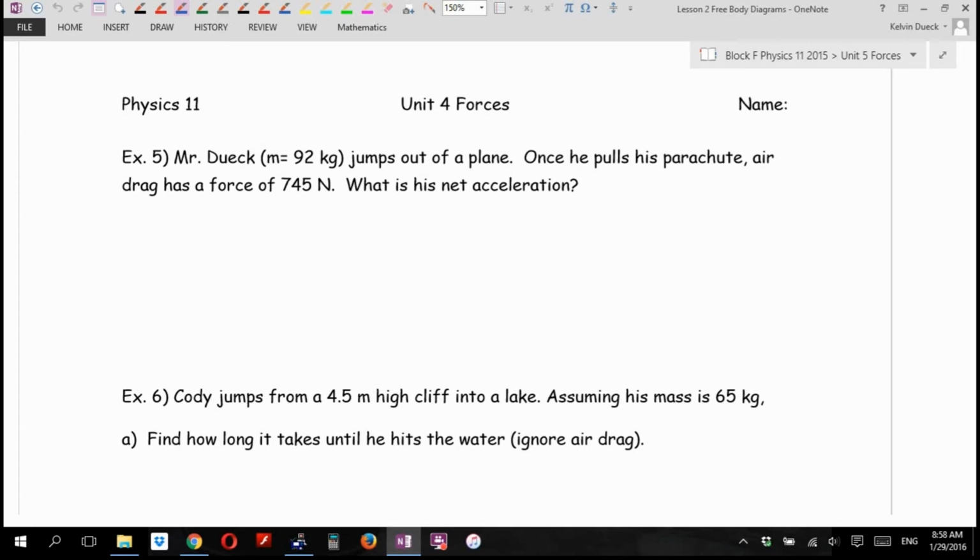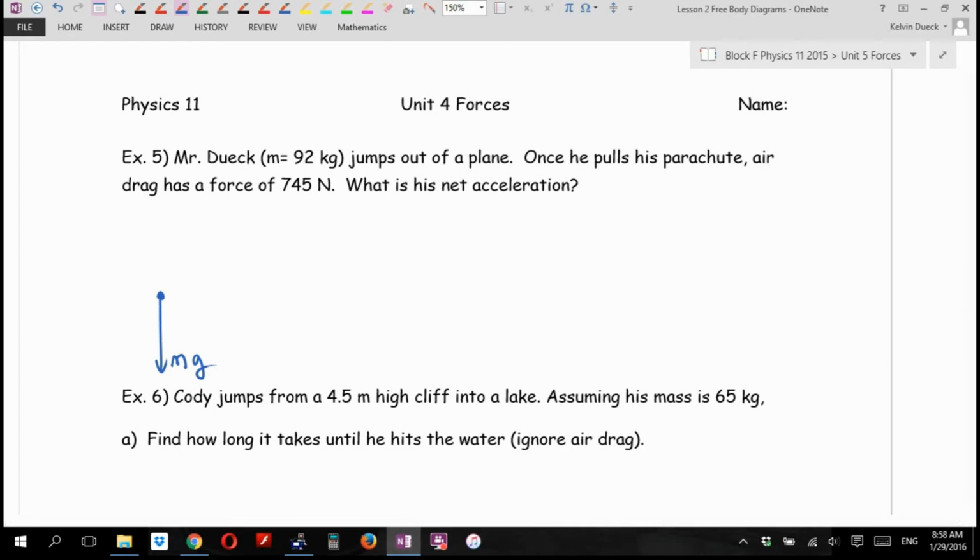You know what? This is a job for a good free body diagram. Here's me. Trevor, what were the forces acting on me when I jumped out of an airplane? Get the obvious one. Which way? What else?